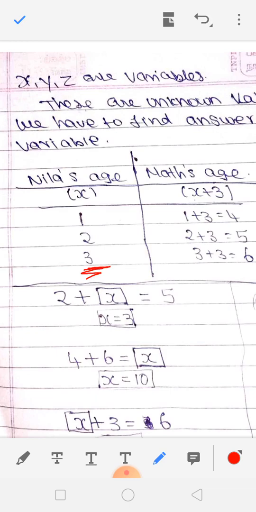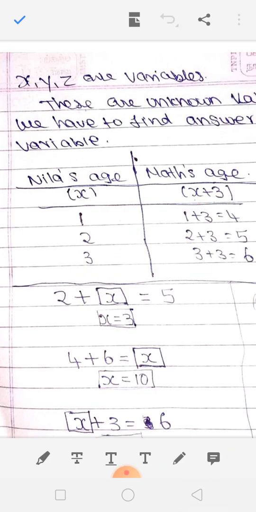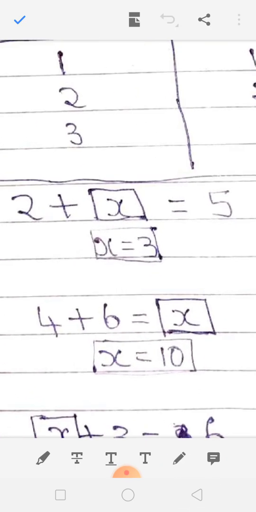Madhi's age is x plus 3, which means Madhi is 3 years elder than Nila. So I substitute the x value 3 here. In the place of x, 3 plus 3 is equal to 6. That's it. Next example.